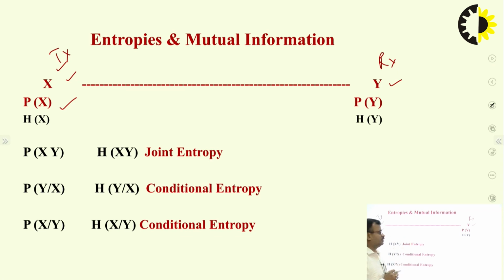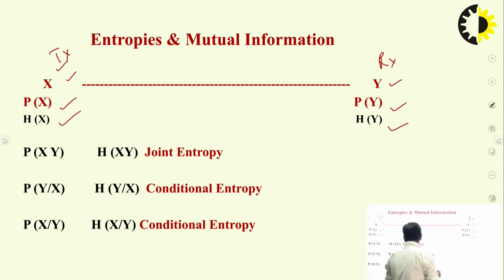Related to the transmitter. Similarly, P of y is the probability of the receiver symbols, or messages, related to the random variable y. If I know the probabilities of the source messages or symbols, I can calculate the entropy easily. If I know P of x, I can easily calculate H of x, and H of y also.